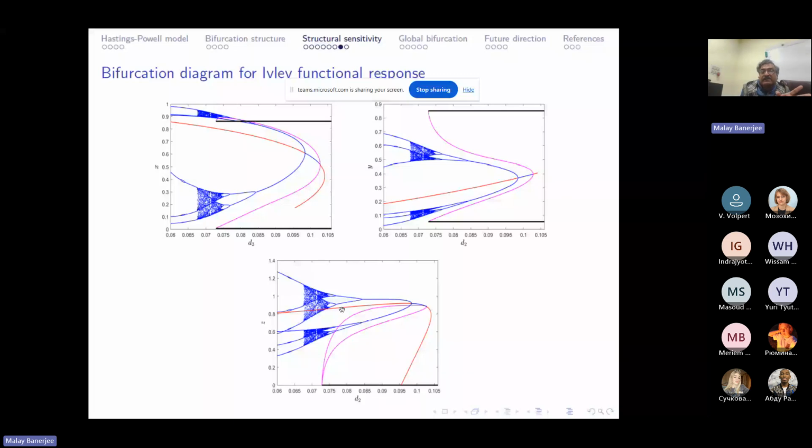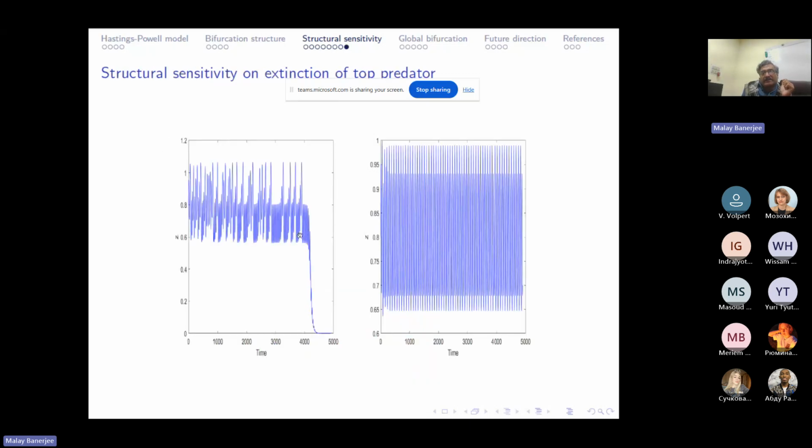Not only just survival prediction, rather what we can see, interestingly, if we look at the nature of the solution for the Z component for same parameter threshold, where Holling type 2 functional response indicates extinction of the top predator, but IVLF functional response actually indicates multi-periodic oscillation, and that you can see from this picture.